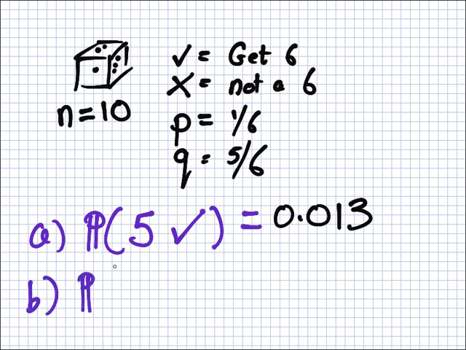Okay, B now. Let's say I ask you for 0 or 1 success. Now, the or is important here. How does that change things slightly? You have to do 2 calculations and add the results together.